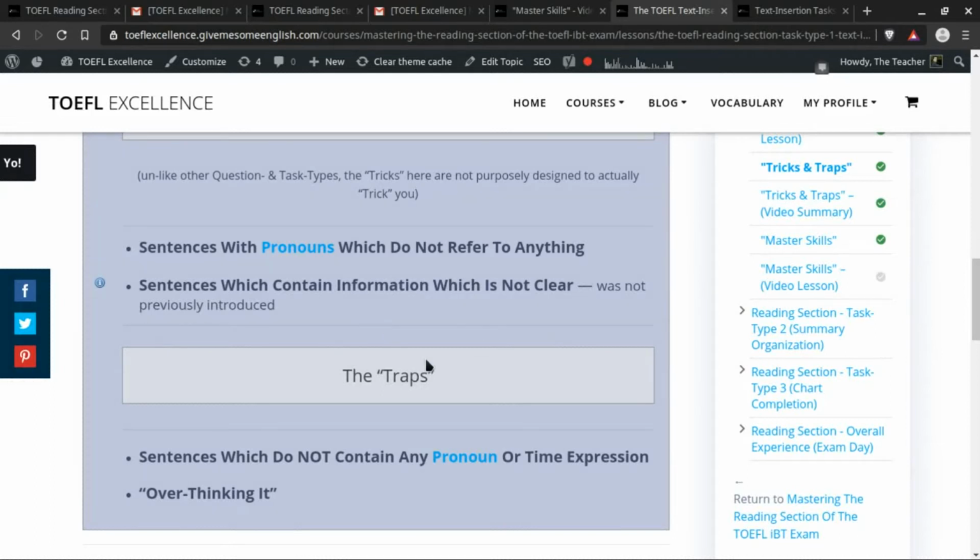So if the sentence does not fit by itself and it's talking about some sort of topic, but you don't necessarily understand it if you just read that sentence by itself, then it's not introducing the topic. It would have to be probably an example of that topic. So you have to actually scan through the reading passage to try to find that same topic. And then the sentence, which is extra, will probably go after that.